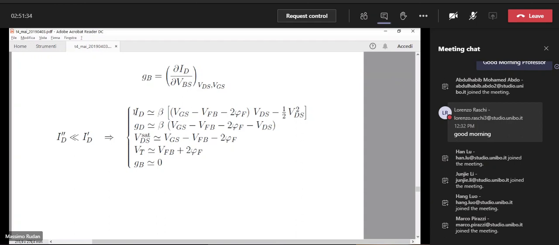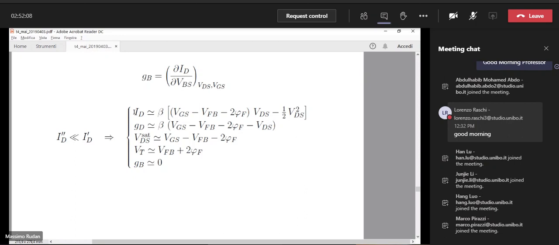The drain conductance has the expression that you see here, the second line. The saturation voltage is equal to VGS minus VFB minus 2 phi f. And the threshold voltage becomes a constant, is VFB plus 2 phi f, okay?